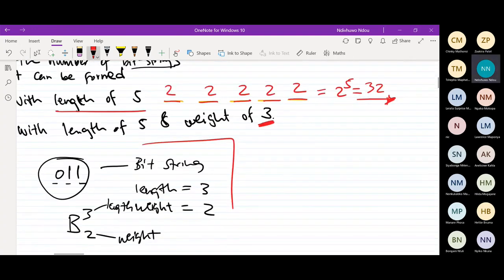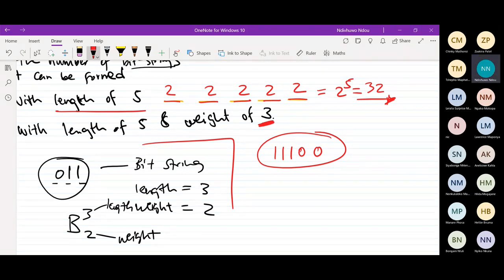So we must have 3 ones, and obviously the rest will be zeros, because we said a weight of 3. So 3 ones and 2 zeros like that. Then this is just the first arrangement that you can make.